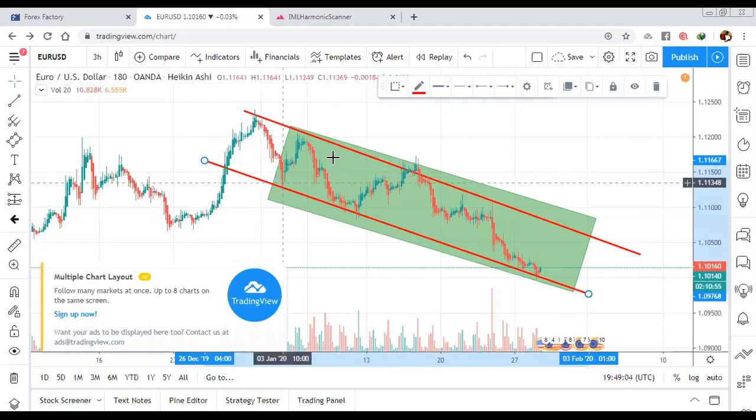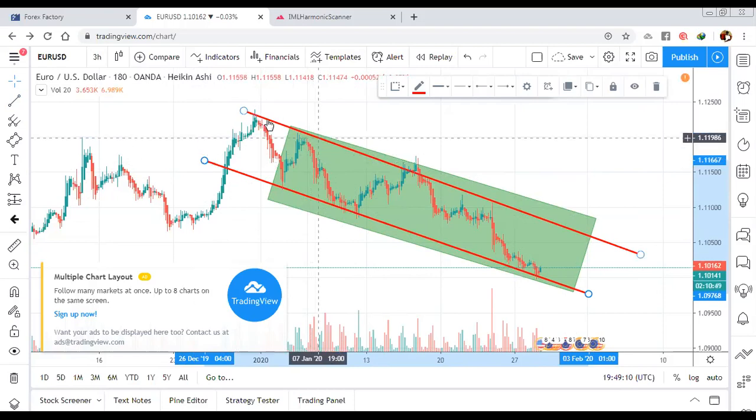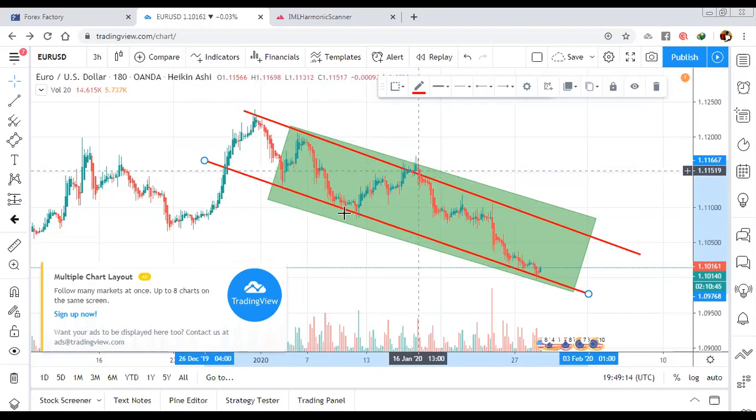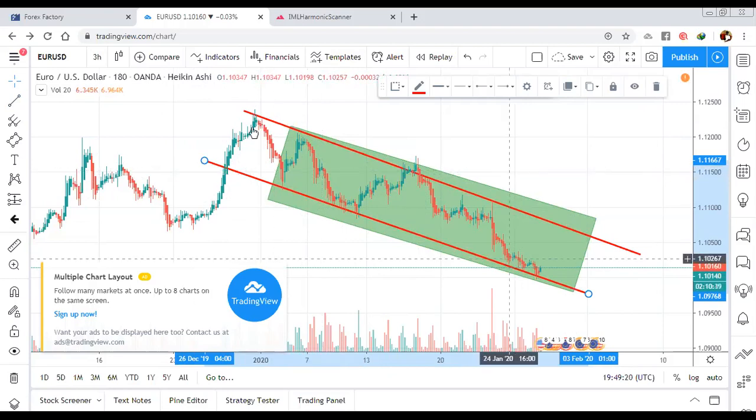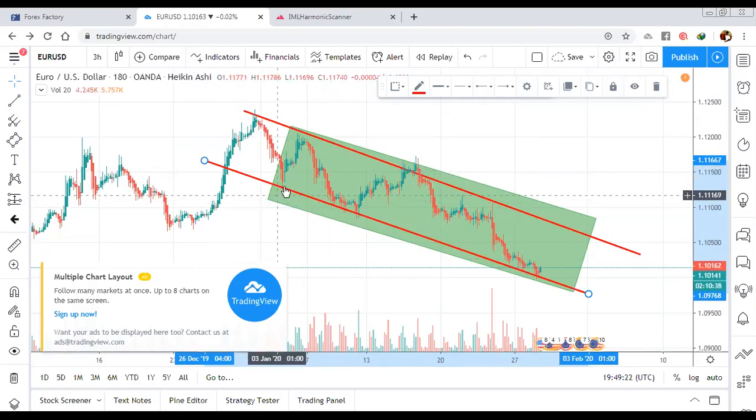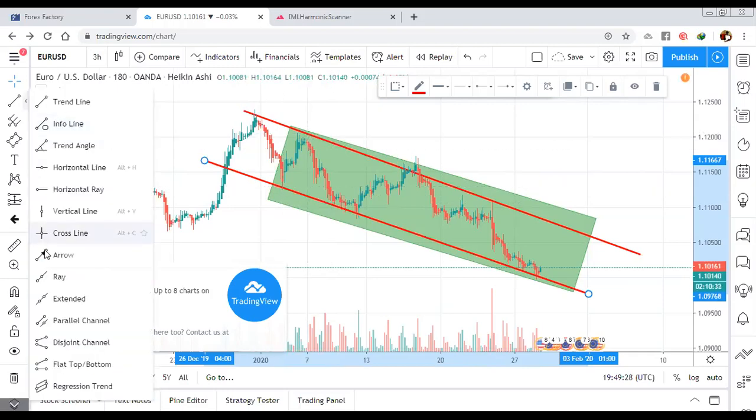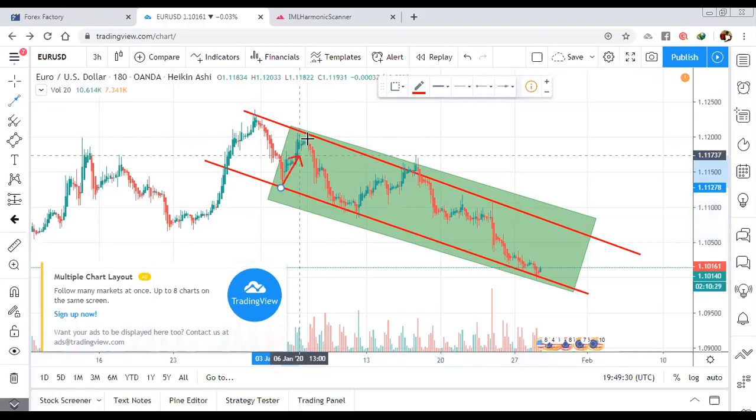As I told you, when the market is going down on a downtrend, you will see a high, a lower high, a lower low, just like that. As you can see, it is represented in this channel. The market is coming down, but it did not stop it from going back up. As you can see, the market went up here.